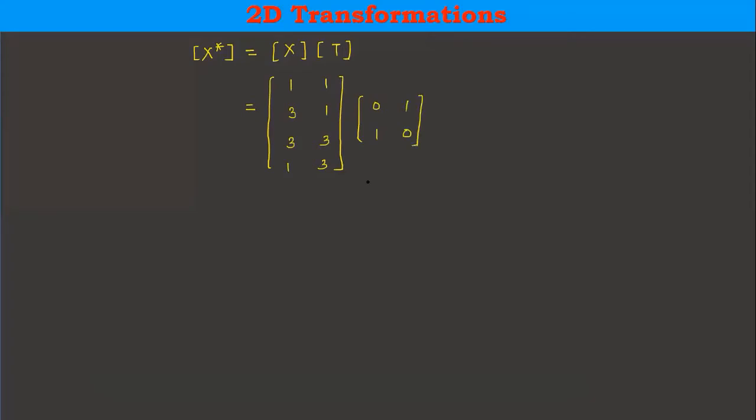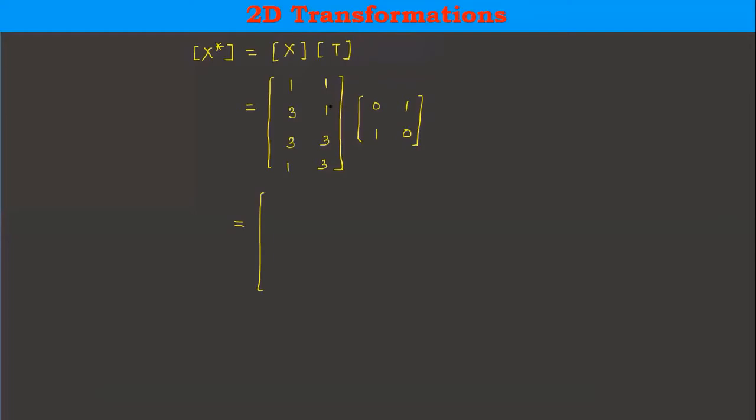Okay, so this is our matrix T, and then we have to do the regular matrix multiplication. See how to do the matrix multiplication of these two matrices. So what will be the matrix now, after the regular row by column matrix multiplication? Take the first row of the matrix X and take the first column.